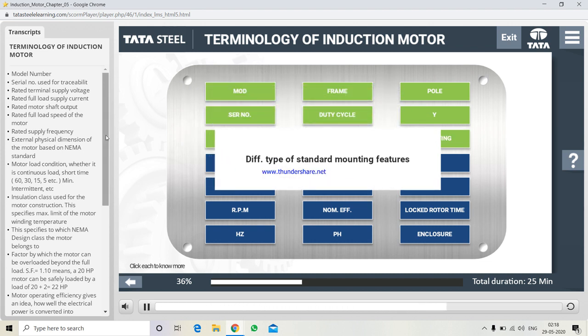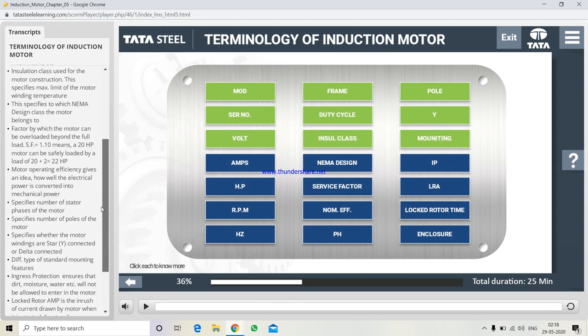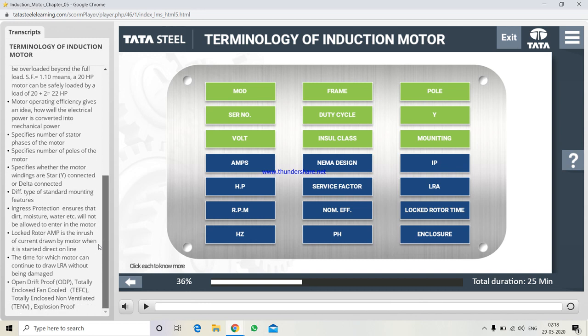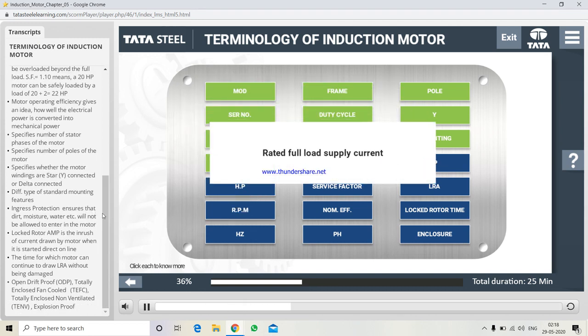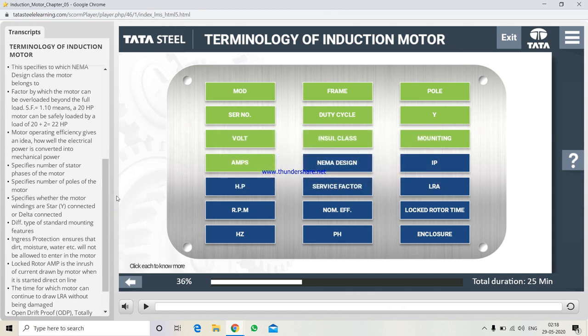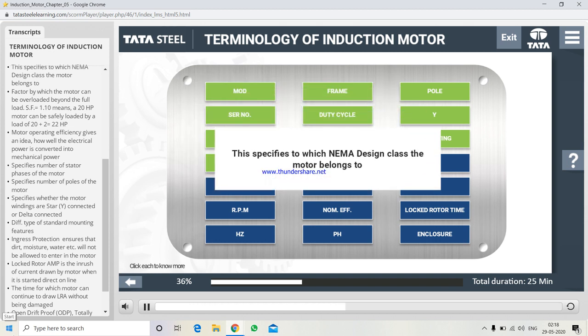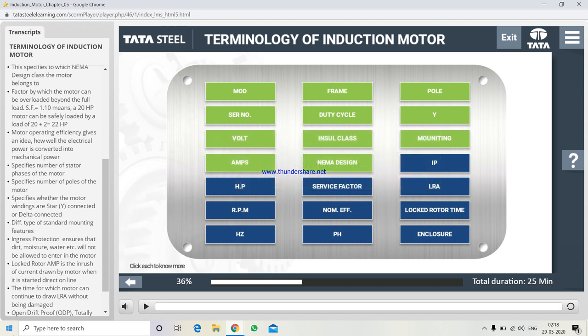Different type of standard mounting features. Rated full load supply current. This specifies to which NEMA design class the motor belongs to.